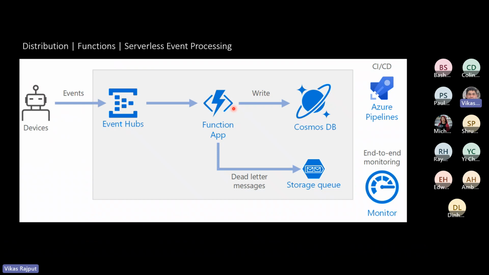So in this particular case, if there is an event hub which is receiving the event data from these different applications, they can then go and write. On one end, the function will go and write onto Cosmos database, and on the other end, it can send out later messages.